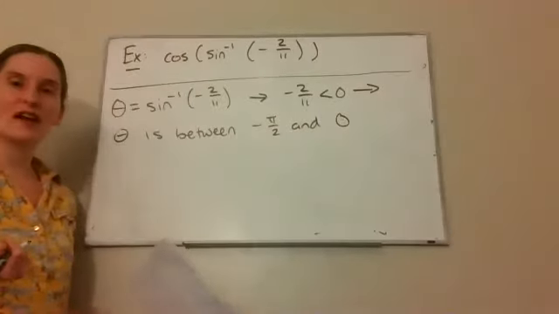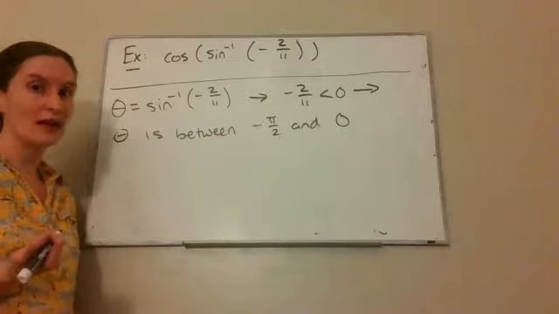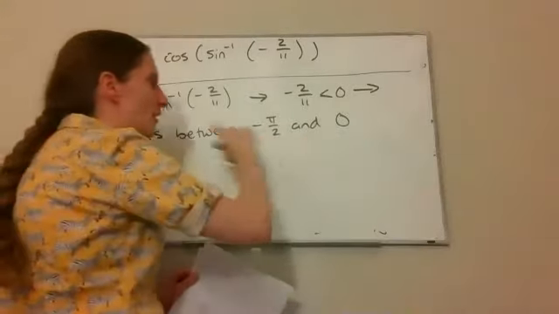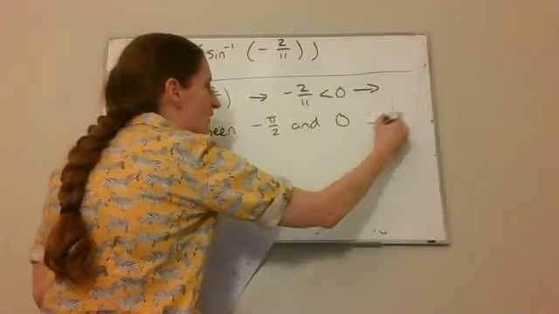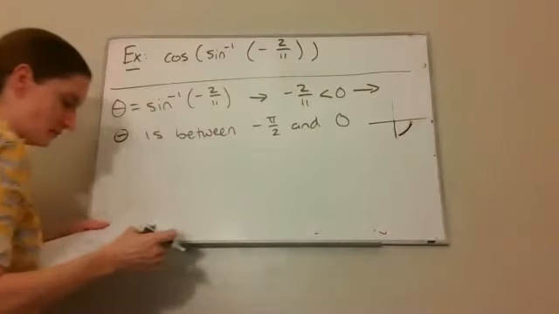Because remember, for sine inverse, I'm going to get a value between -pi/2 and pi/2, but my sine is only negative in between -pi/2 and 0. So that we're talking about this region down here.